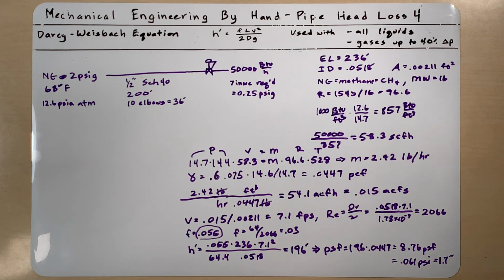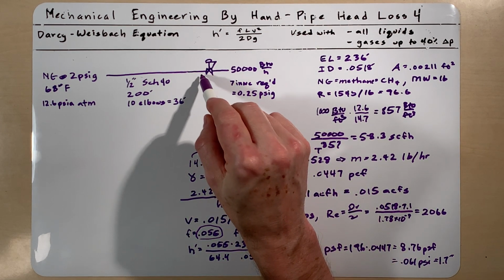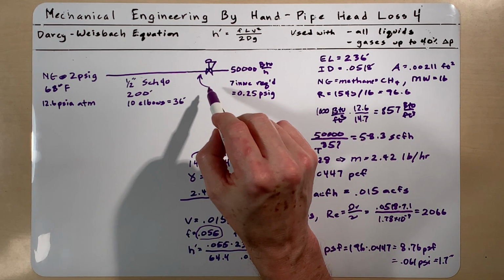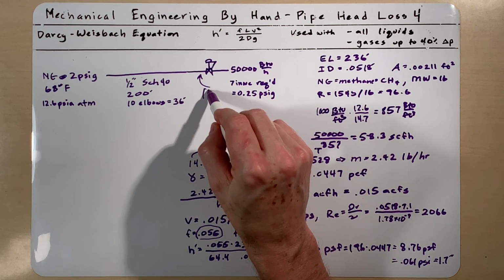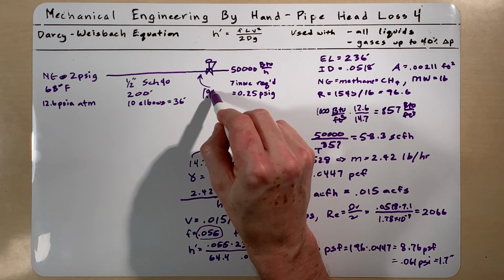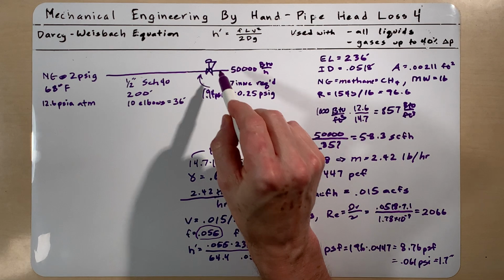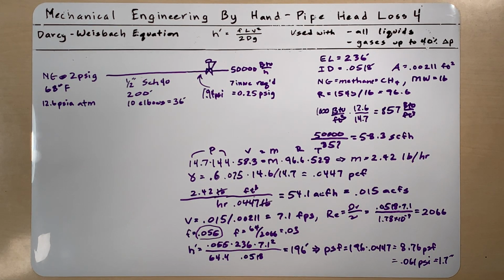Okay, so we started out with 2 PSI and we lost 0.06 PSI. So that means at the end here we'll have 1.94 PSI, so we have plenty of pressure.